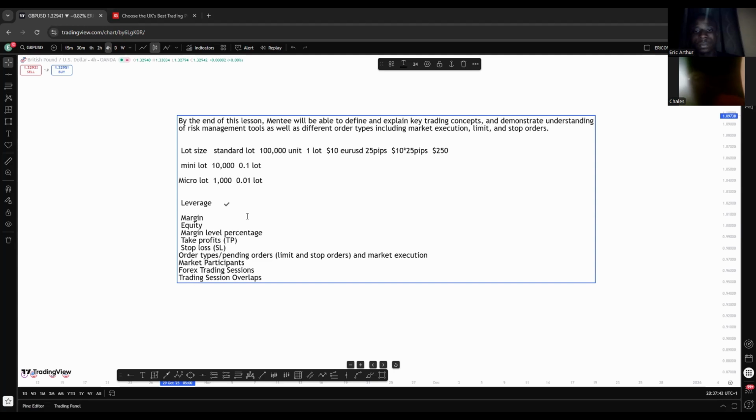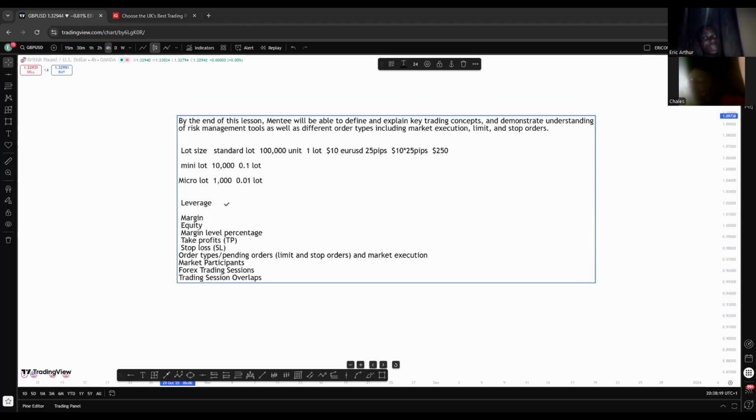So when we say leverage, you can choose a leverage like, let's say 1:500, which means that any amount you deposit into your trading account is going to be multiplied by 500, and that will be the maximum amount you can trade with. Okay. So I think that's it. That is the little knowledge I have.